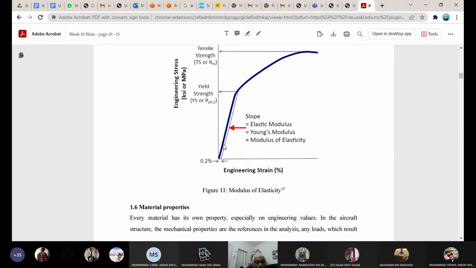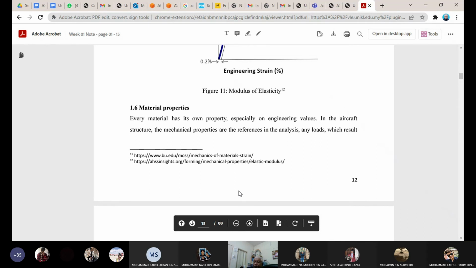This is always the layman term we use when we look at the value of E. So that's why we put it in terms of a ratio like strain, and this ratio gives you an indication of the strength of the material. Questions?